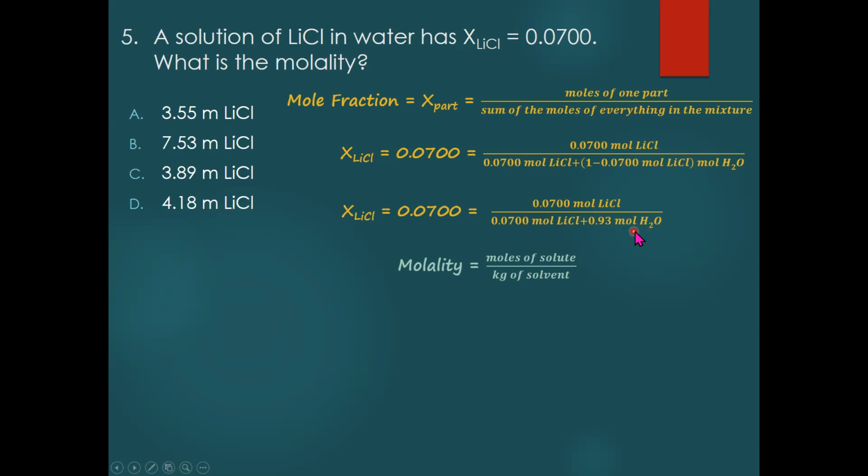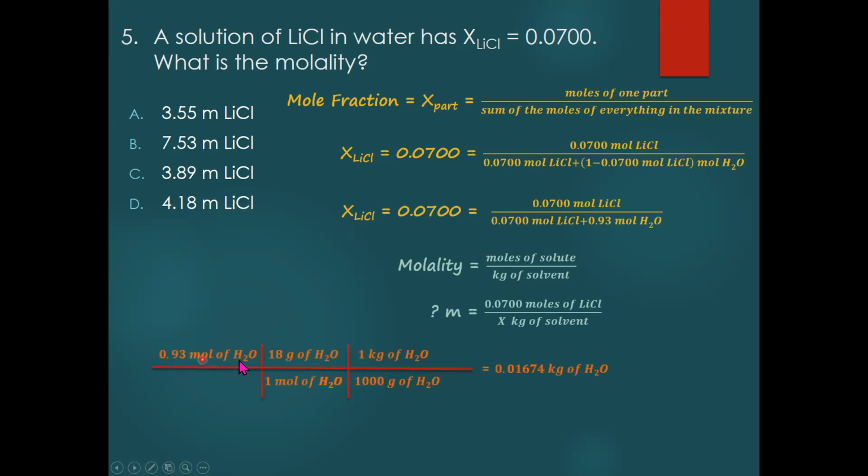My solvent is water, but I've got 0.93 moles. So I've got to take that moles of water and convert it to grams and then to kilograms. My 0.93 moles of water, using the molar mass, 18 grams, gives me grams of water. And every 1,000 grams of water is 1 kilogram. So this is where I'm getting the kilograms of water.